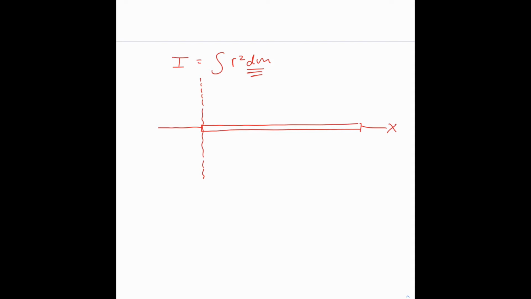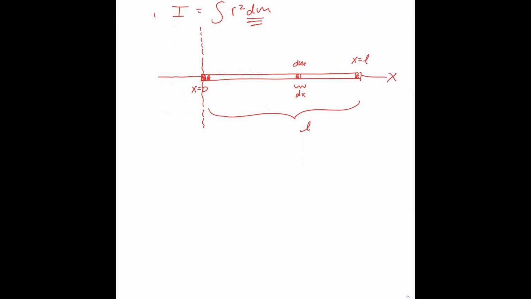The rod lies along our x-axis, and there's a dm, there's a dm, on and on we go. There's some random dm. That dm has a width of dx. Our very first dm is over here at x equals 0, and the final one sits at a position x equals L.